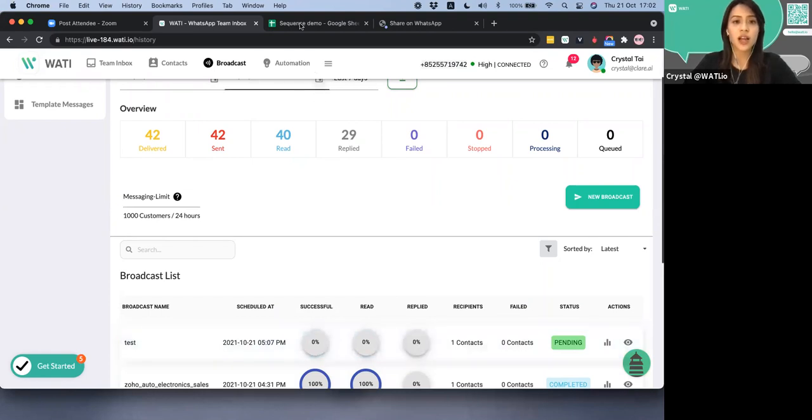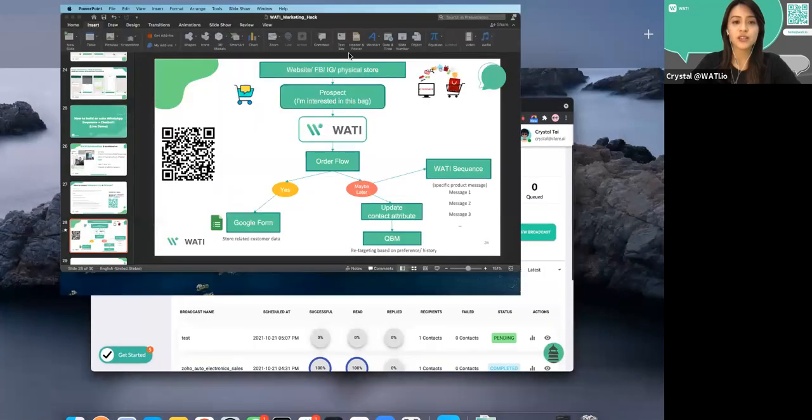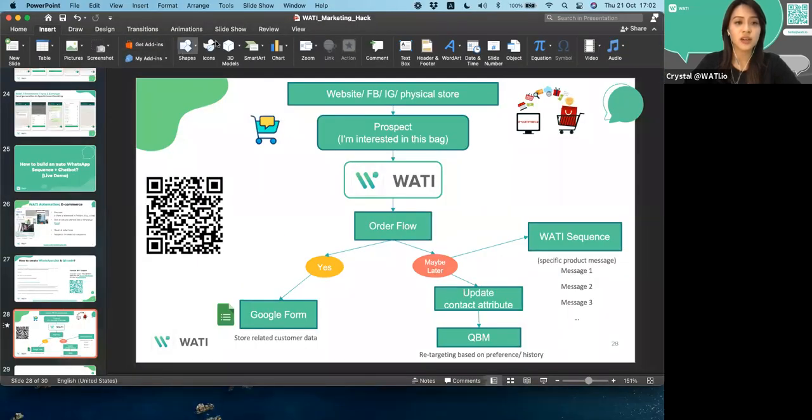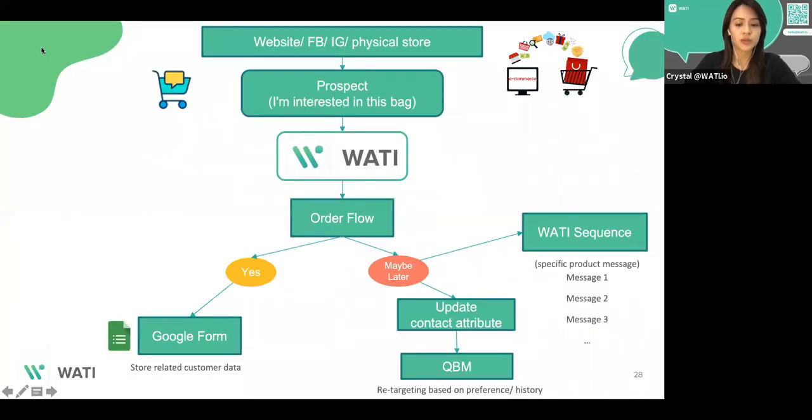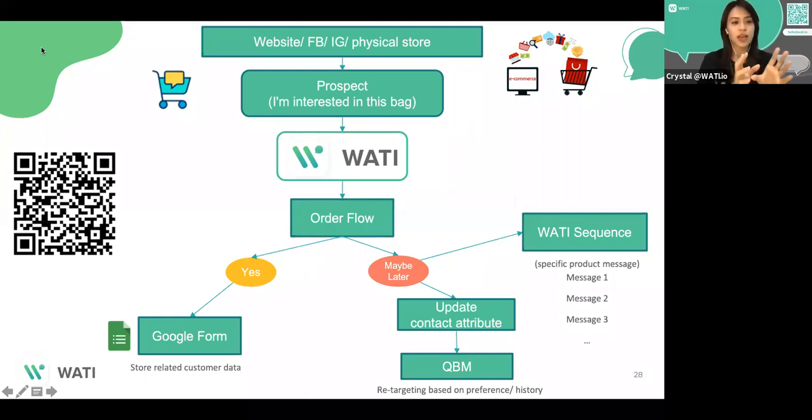Okay, so I have been speaking a lot. Let's go to the interactive session where you can try the flow yourself. Feel free to scan the QR code on the left, so you can try how the button works and how the sequence works as well.